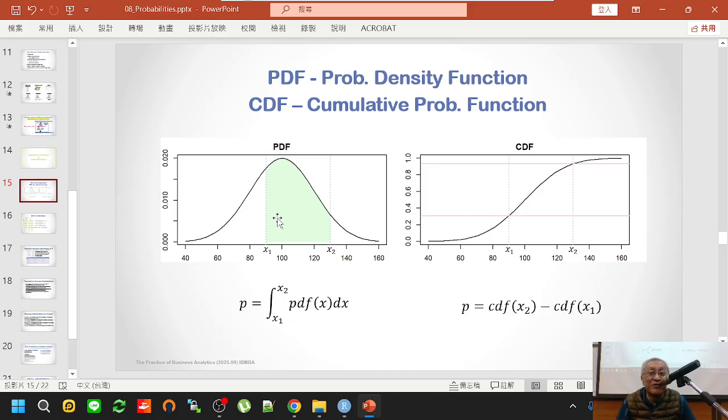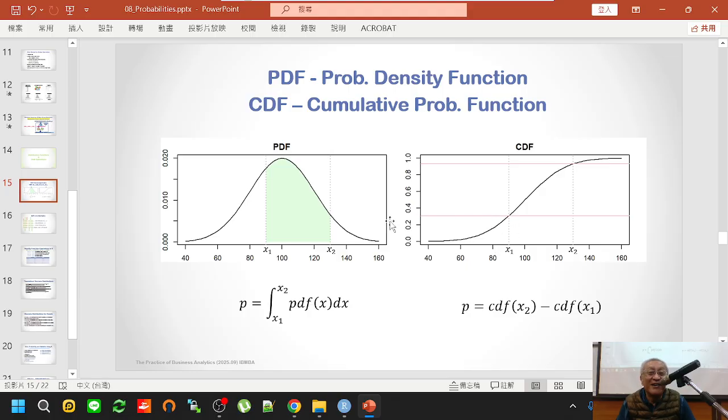If I want to calculate the probability of this period, we basically have two ways to do that. The first way is to do integration between the boundaries. The other way is to calculate the cumulative probability function. For boundary x1, I calculate the probability from the left tail to x1, and that is the value here.